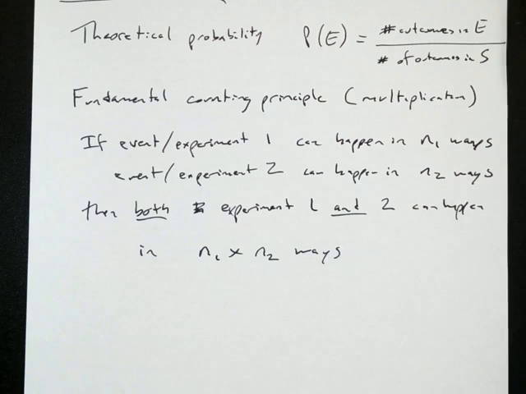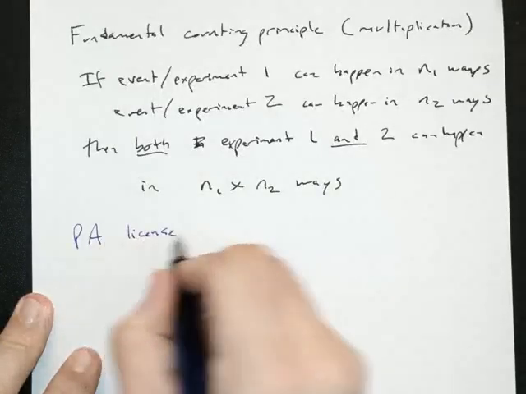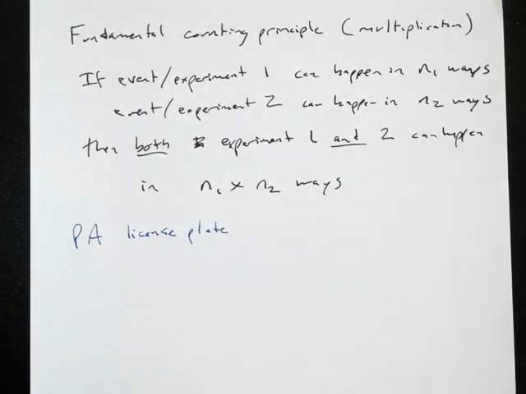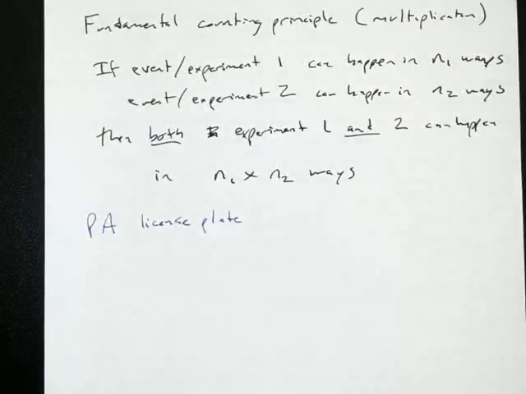Who here drives regularly? Do any of you have a custom license plate? What does a Pennsylvania license plate look like? You have looked at your own license plate. 3 letters and 3 numbers?